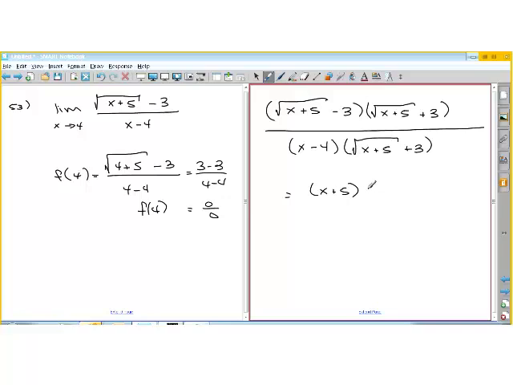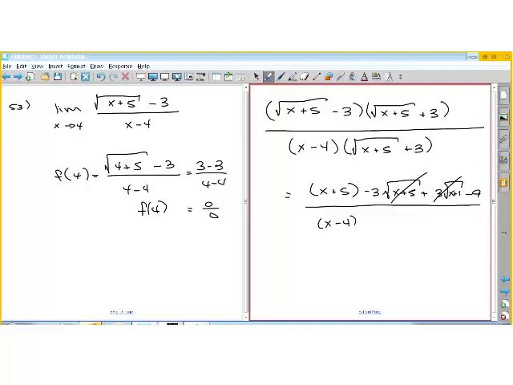And so the second term, I'll just write it out: you get negative 3 times the square root of x plus 5 plus 3 times the square root of x plus 5. Those cancel out, so you don't even need to write them down. Then the last term gives you negative 9.